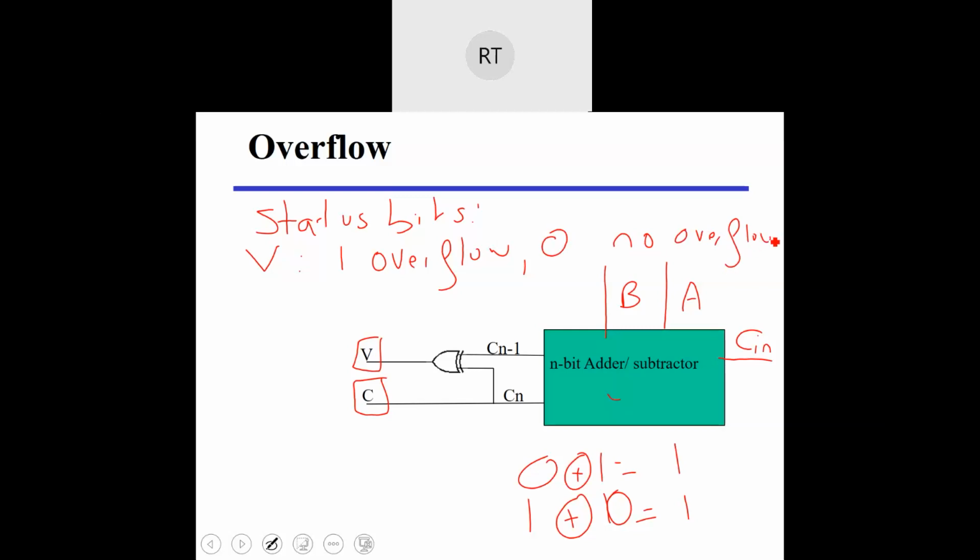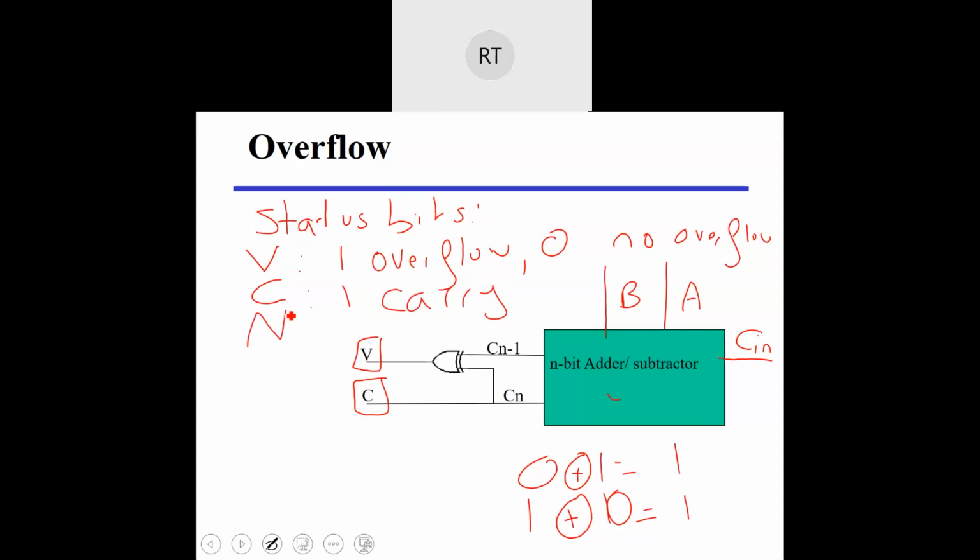Okay? How about C? What do you think? You tell me. C should be a 1 if I have... No, think. 1 if you have a carry. 0 for no carry.